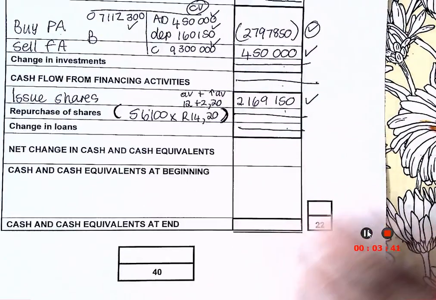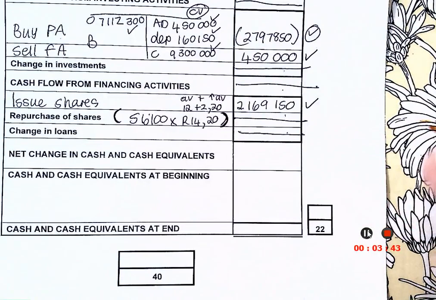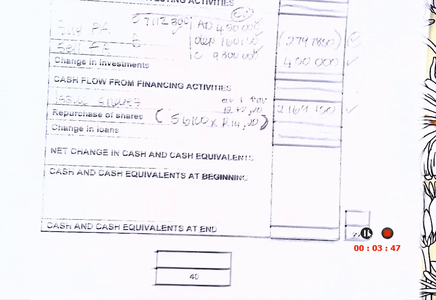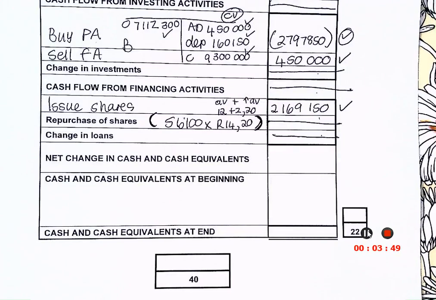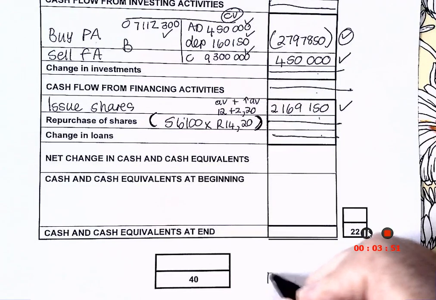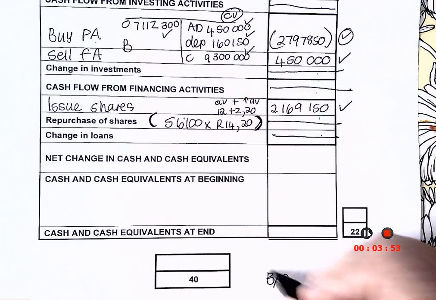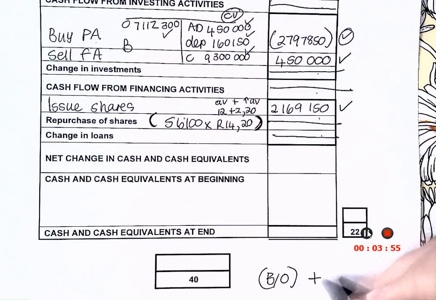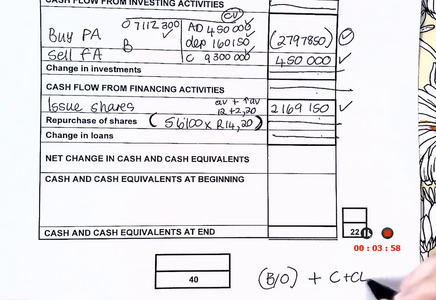Now, the cash one, you guys must always have right. Okay, this is something that you just have to get right. So you're always going to look at the bank overdraft, né? Plus the cash and cash equivalents. That's the things you look at.